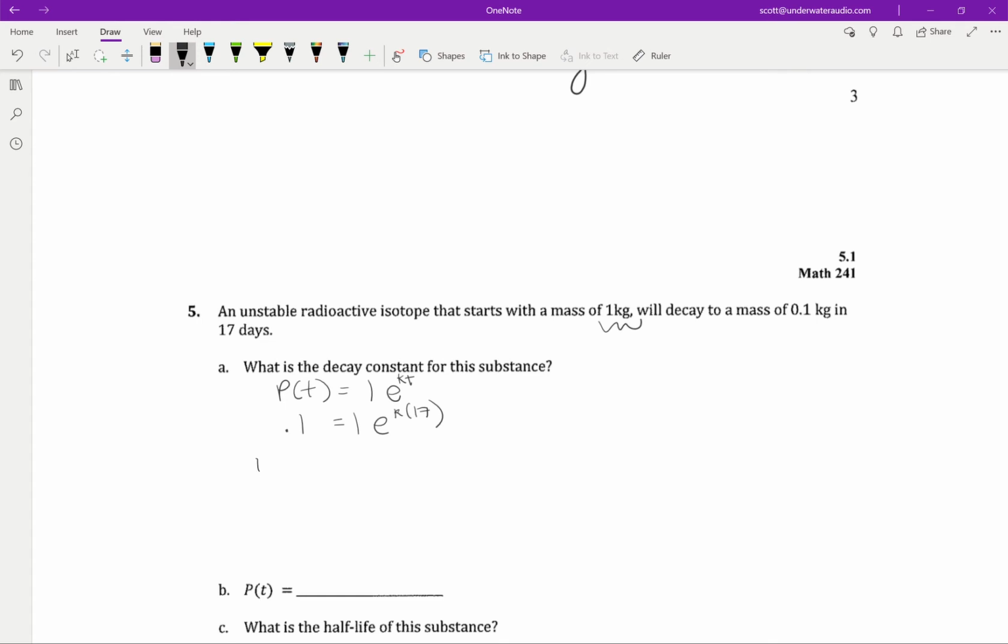So let's see. I didn't really even need to write 1 there. I can just take the natural log of both sides. Natural log of 0.1 is equal to the natural log of e to the 17k. And then this is going to simplify the natural log and e to just be this exponent. So if I get k by itself, I'll just divide. Natural log of 0.1 divided by 17.